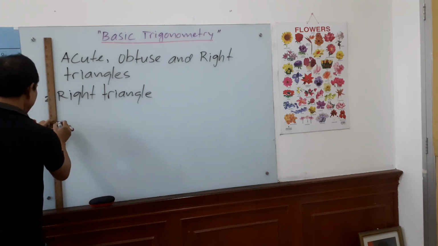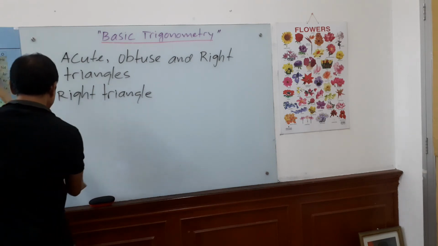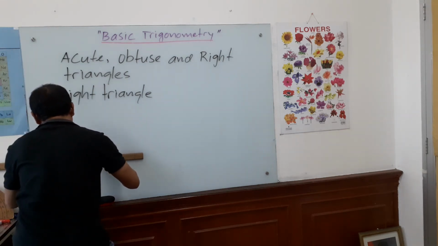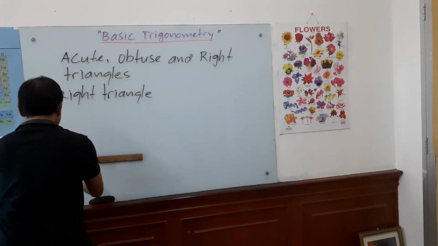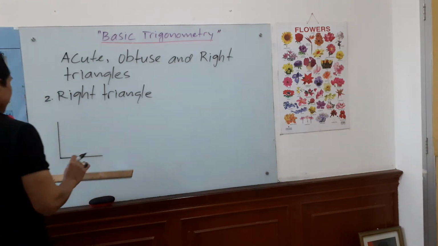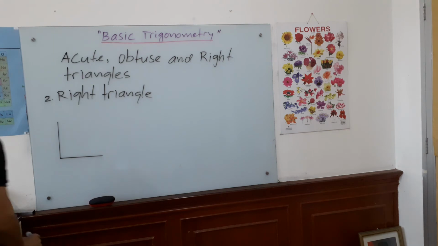Okay, so we draw a vertical line here. Okay, put a point, and then from the point we draw a horizontal line. Now it's done.